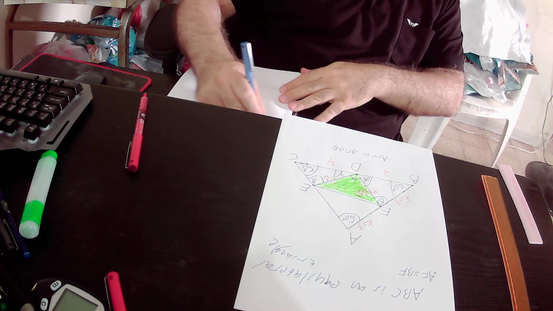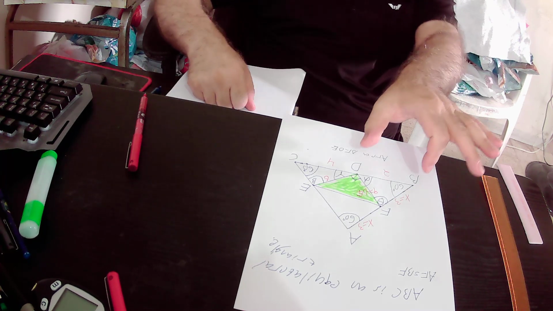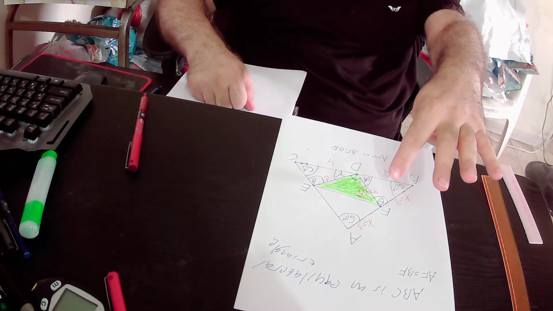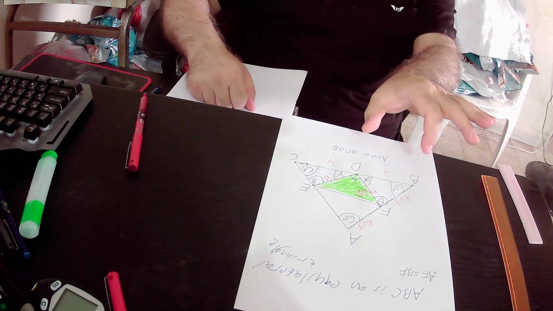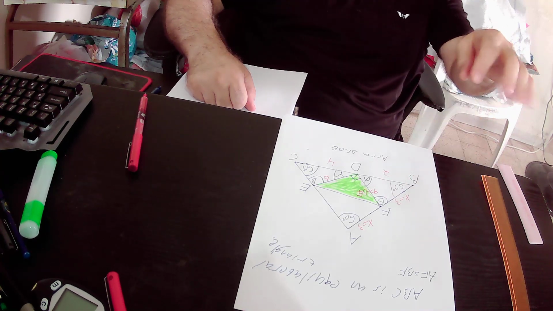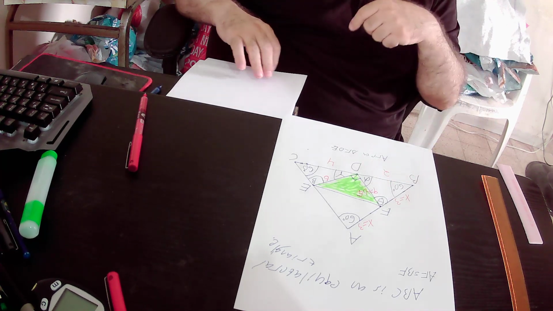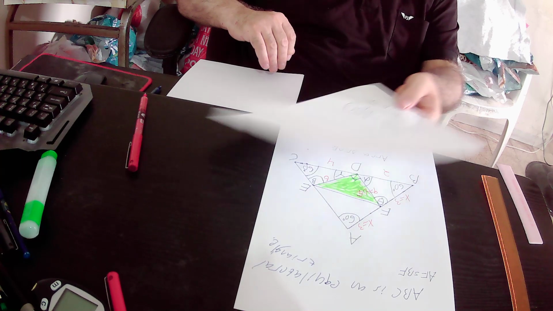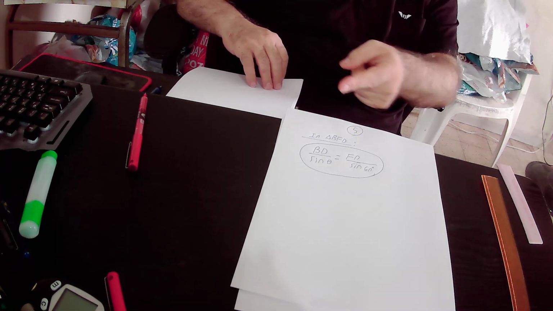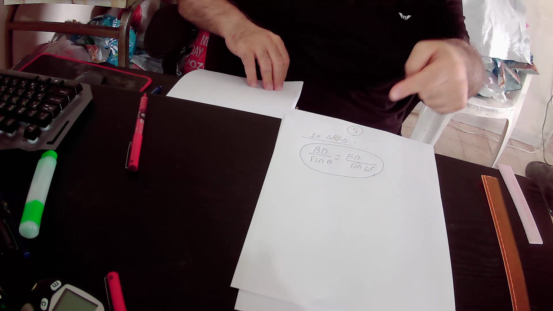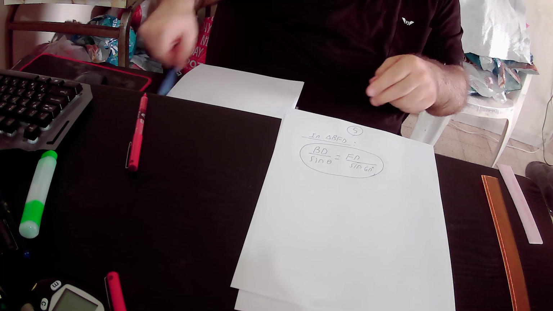I will repeat again. In triangle FBD, according to the law of sines, BD over sinus theta equals FD over sinus 60 degrees.